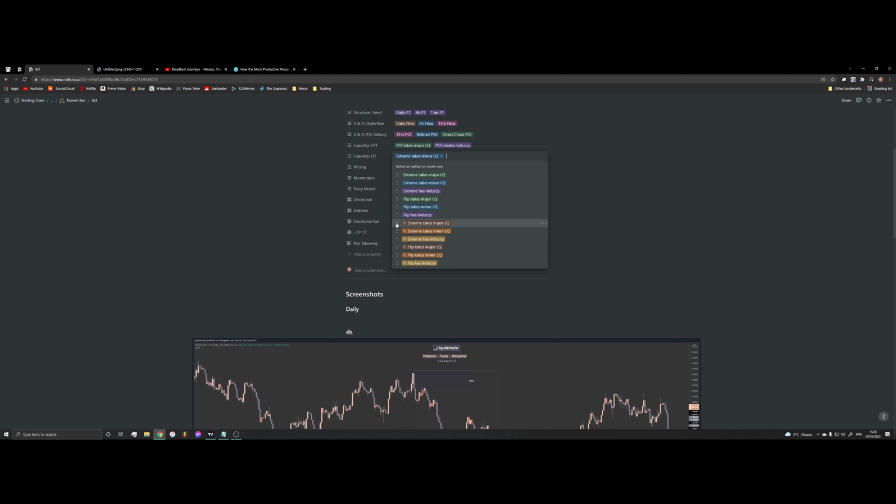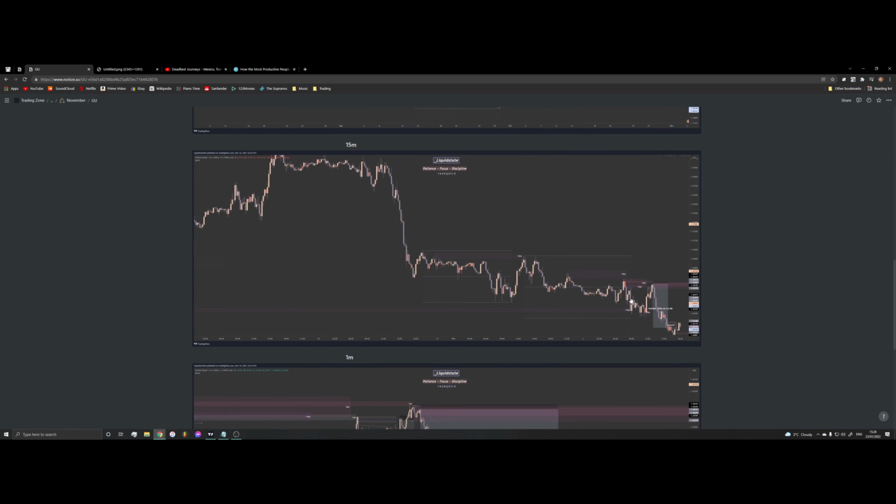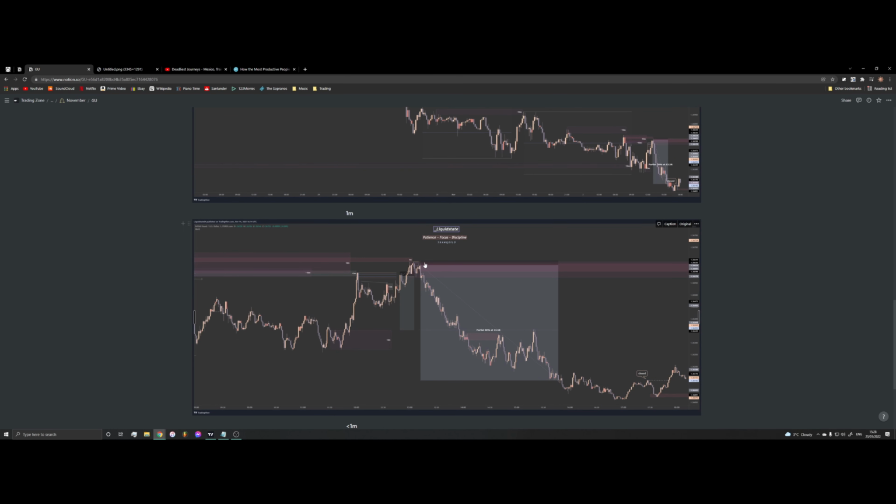Inceptive is the first low time frame shift, so you're entering off the first 1 minute change of character or the first 5 second change of character, whichever you trade, once you tap into a POI. And then peripheral, which is all of these, is based on the order flow away from a POI. So obviously this one isn't a peripheral entry because I get in right on the first change of character.